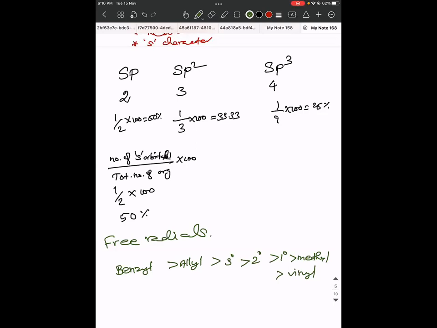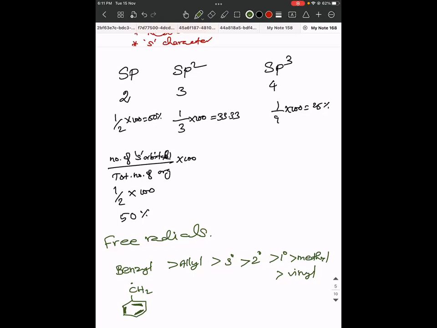The benzene group attached to CH2 dot is called benzyl. The carbon with the odd electron is in conjugation with the double bonds. There are 3 double bonds, so it gives a larger number of resonating structures. If the number of resonating structures is more, the stability becomes more.